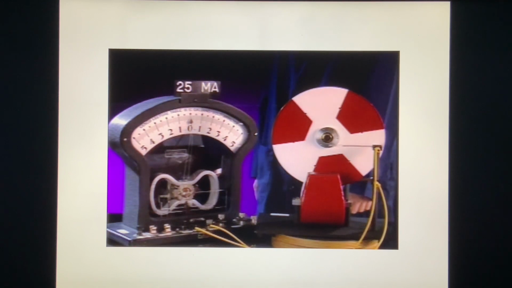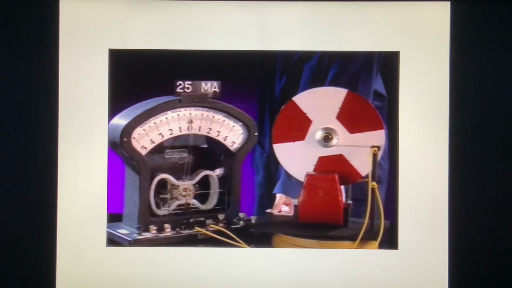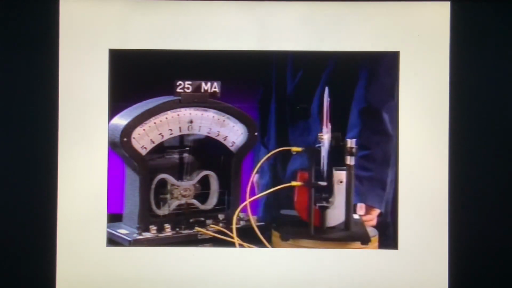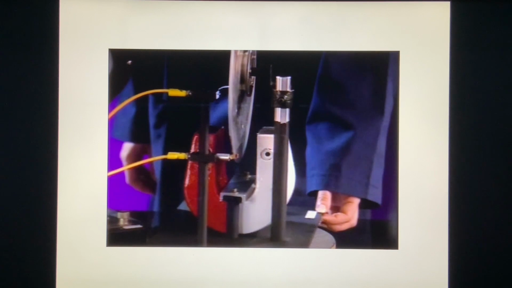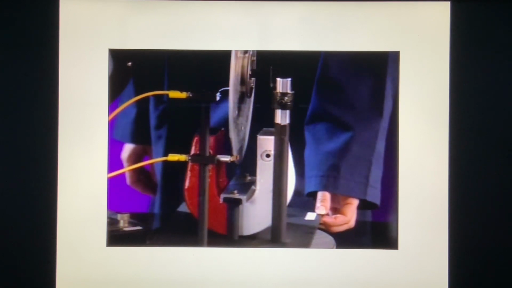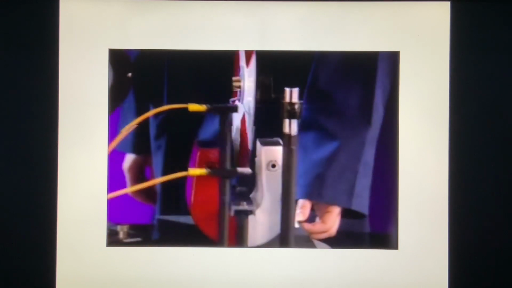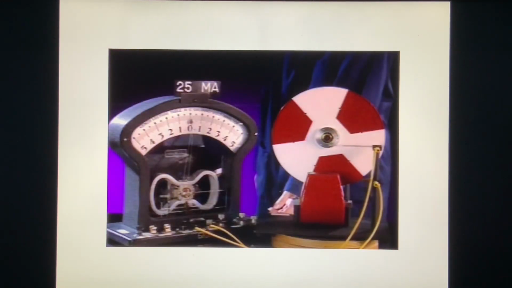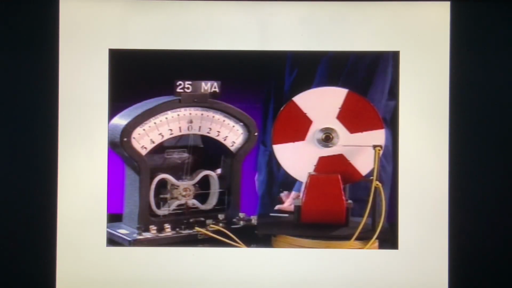We'll use this device, known as a Faraday disc, to demonstrate how electrical current is generated in a conductor moving in a magnetic field. A large horseshoe magnet sits with its poles on either side of an aluminum disc. Two spring contacts touch the disc, one at the center, one near the edge, to provide electrical contact with the disc.